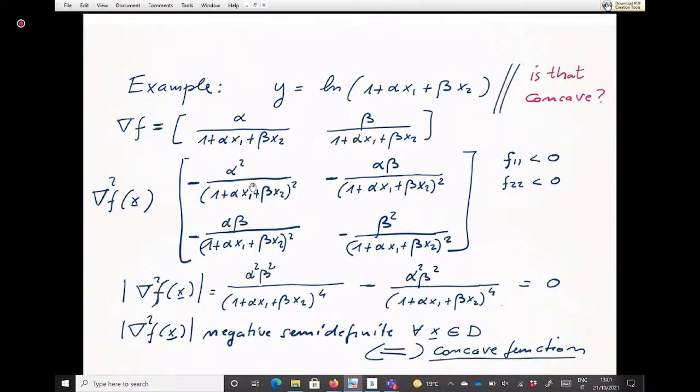In some cases it is possible to show that the Hessian matrix is positive definite, negative semi-definite or positive semi-definite for any point of the domain, not just at a specific point.